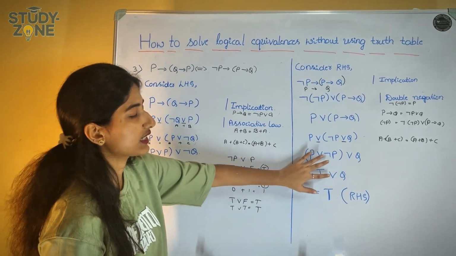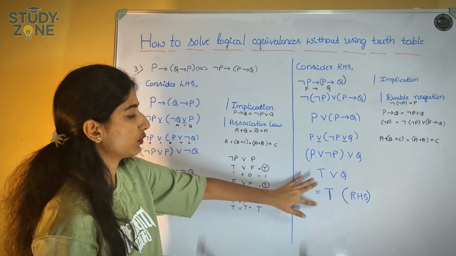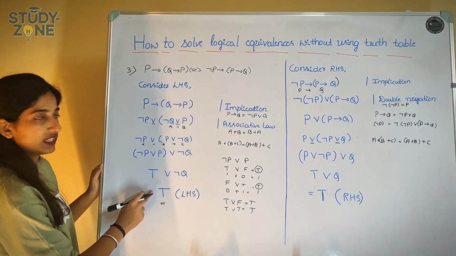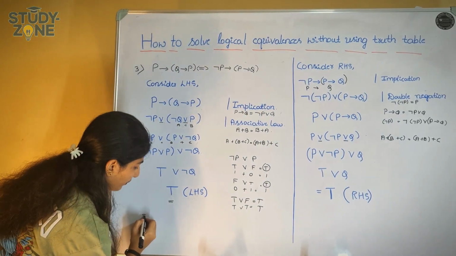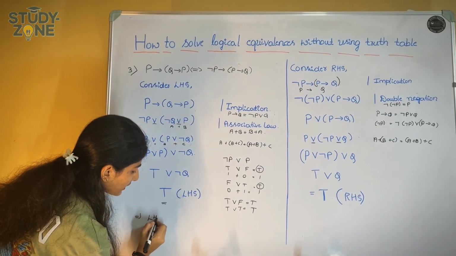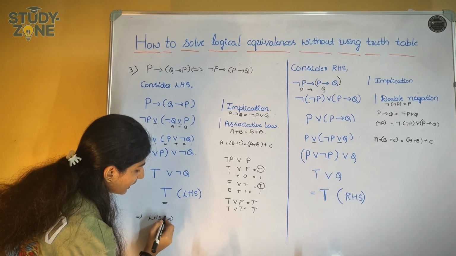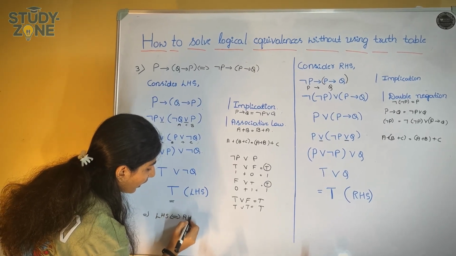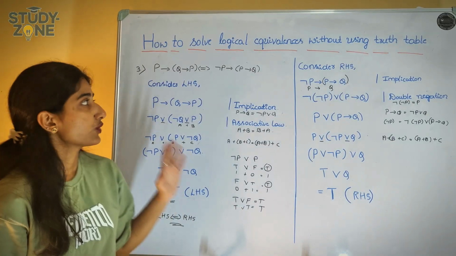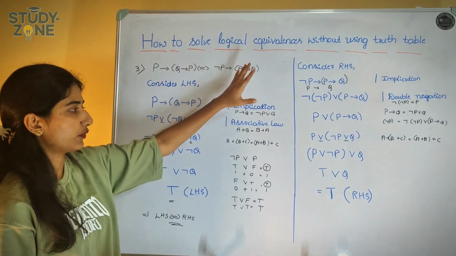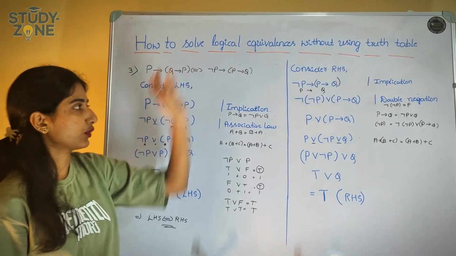So anything that is added with true will be true. So we have in our LHS true and in our RHS also true, which implies LHS is logically equivalent to RHS. Got it? So this is how we can use different laws to solve logical equivalence.